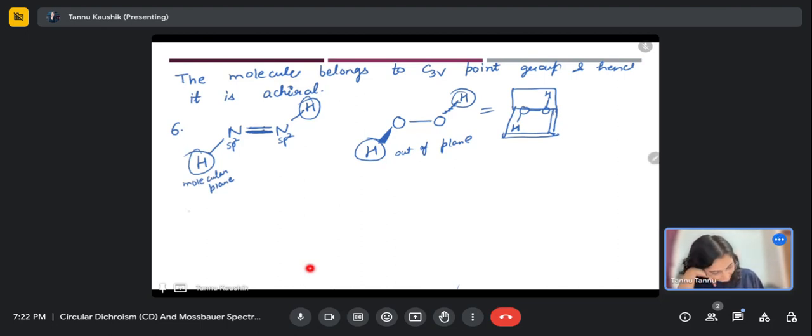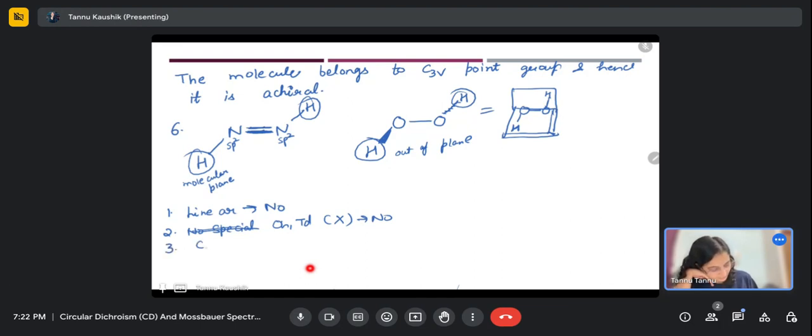So firstly, the molecule is not linear, no special symmetry point group. So I'm just writing octahedral or tetrahedral. No.